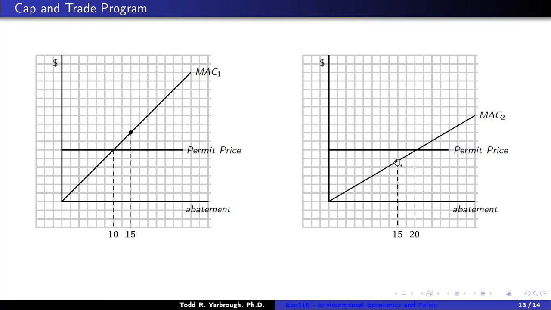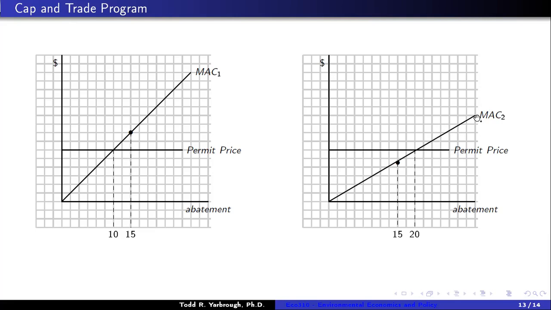Here, their abatement costs are below $2,000, which means they would be willing to sell to firm one pollution permits at $2,000, and they will do so up until the point when we have achieved the optimal solution, because it's beyond this point where now firm two is no longer willing to sell pollution permits, because beyond 20 units of abatement, we can see their abatement cost is greater than the permit price.